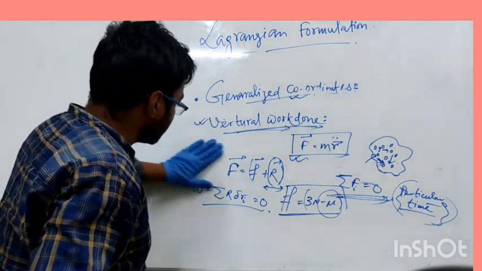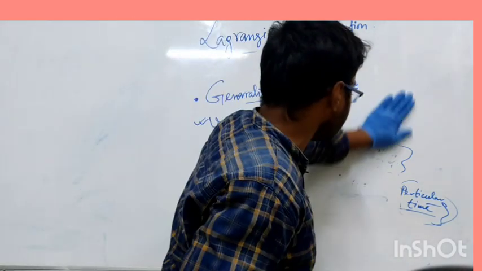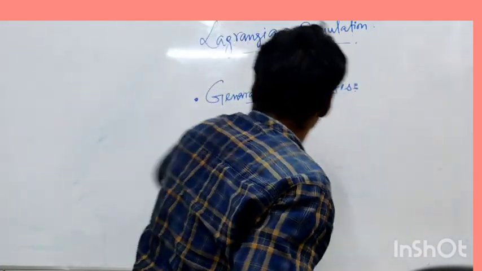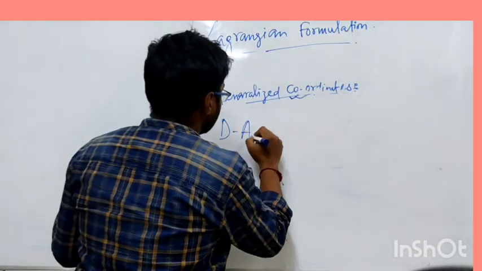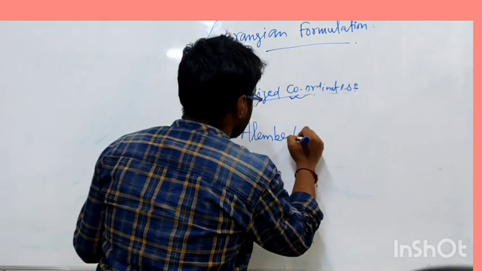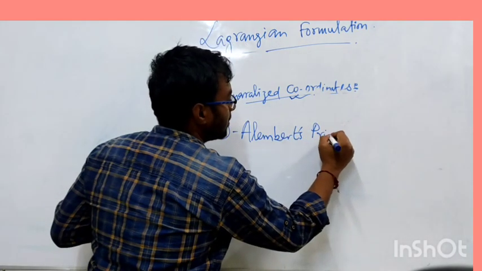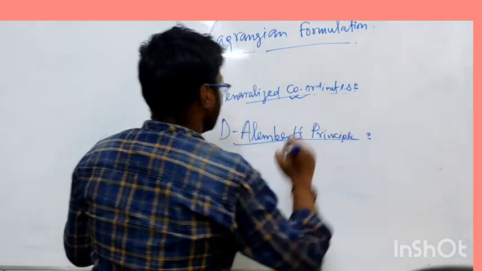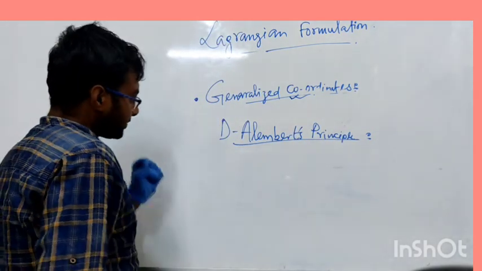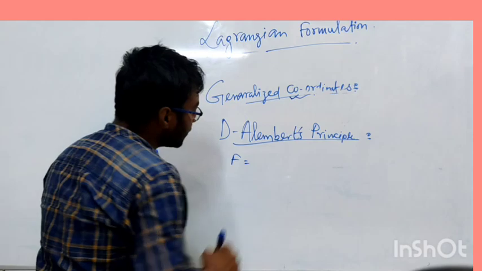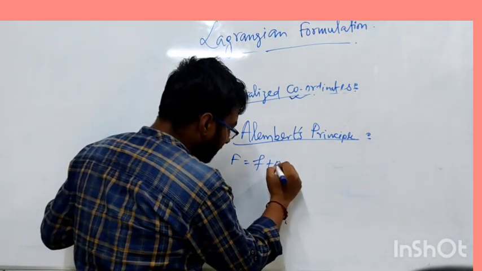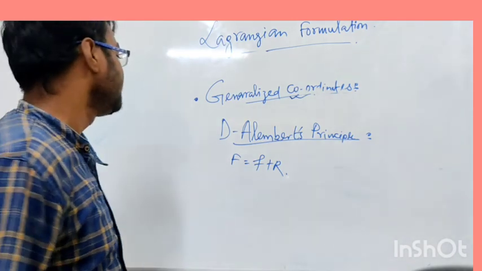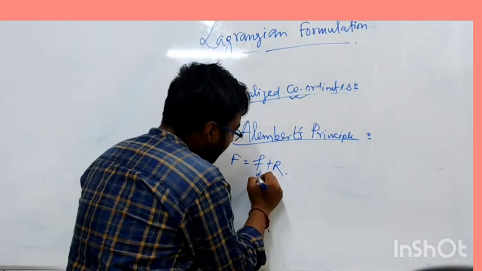Now we have to study the D'Alembert principle. What is D'Alembert's principle? We know that the total applied force is equal to F plus R, where R is the constraint force of motion, and F is called the dynamic force.